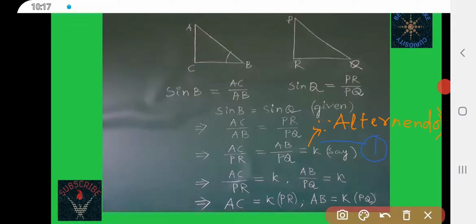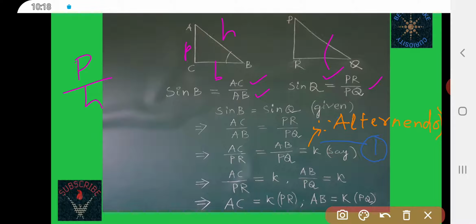In right angle triangle ABC, sin B is equal to AC by AB. You know P is here AC, base is BC and AB is H. So you know sin theta is equal to P by H. So sin B is equal to AC by AB. Similarly, sin Q is equal to PR by PQ.